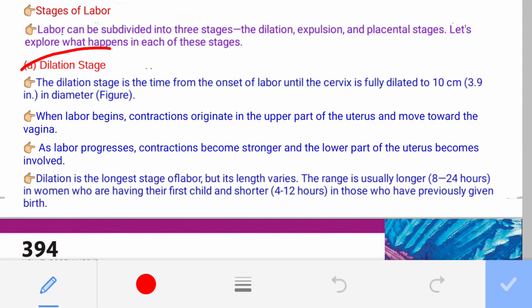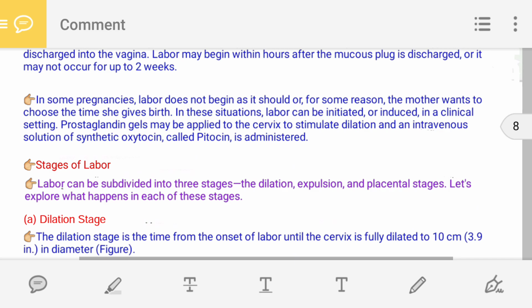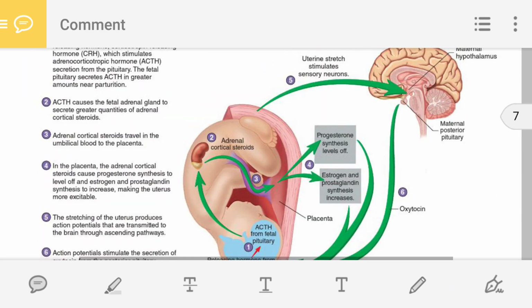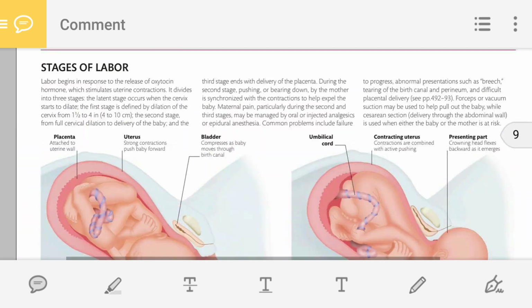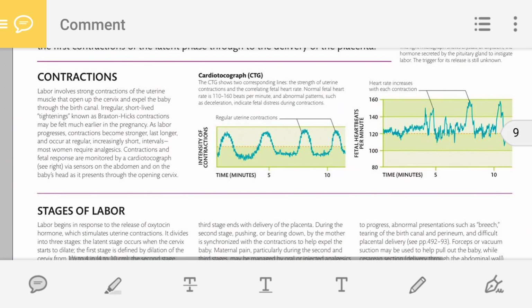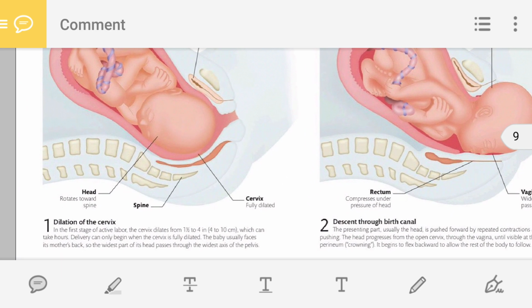Now during the dilation stage, what is happening? The cervix is fully dilated and the diameter of the cervix is close to 4 inch, that is 10 centimeter. In the figure I am showing you, let me find the figure over here.